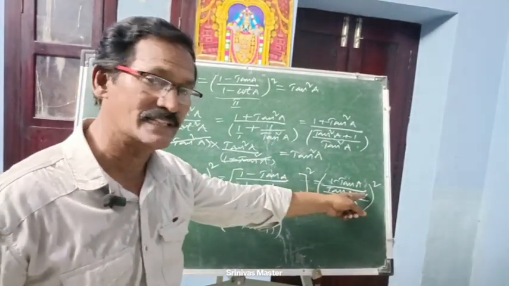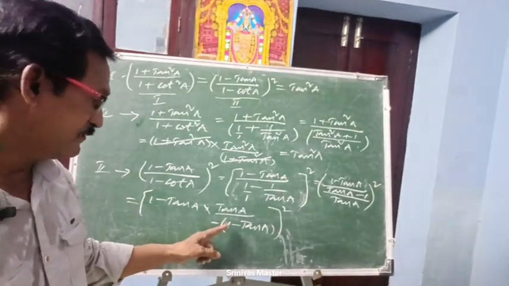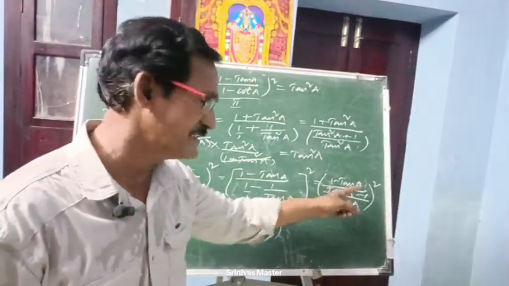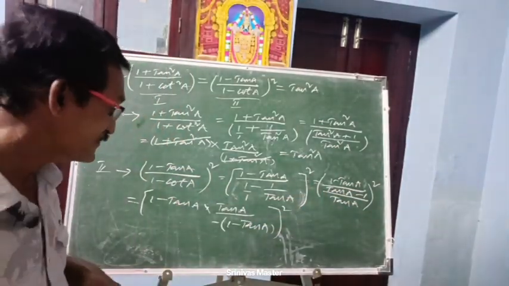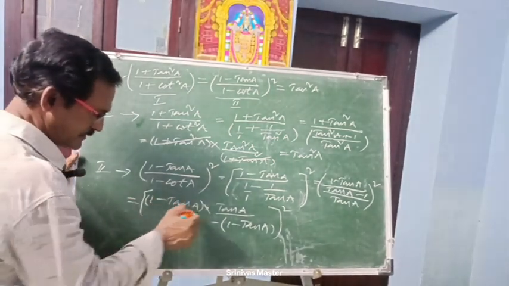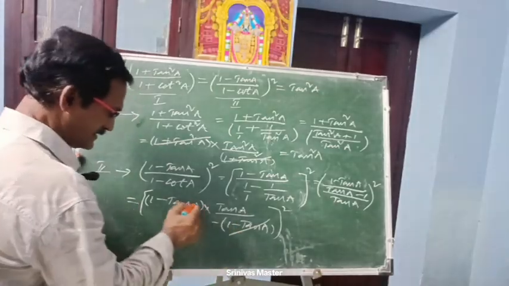From tan A minus 1, if you take that minus as a common factor, what is remaining? 1 minus tan A. Just check it: minus into 1 is minus 1, minus into minus tan A is plus tan A. Why did you write it like this? See, in the numerator there is 1 minus tan A, and here also 1 minus tan A. For cancellation, you can take it like this.